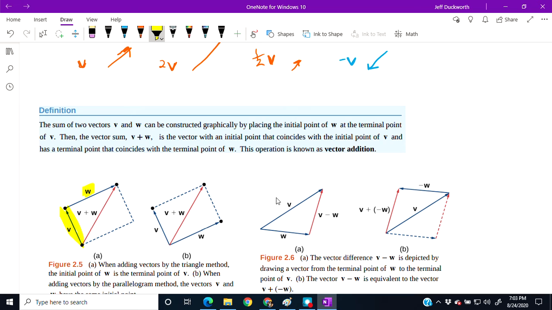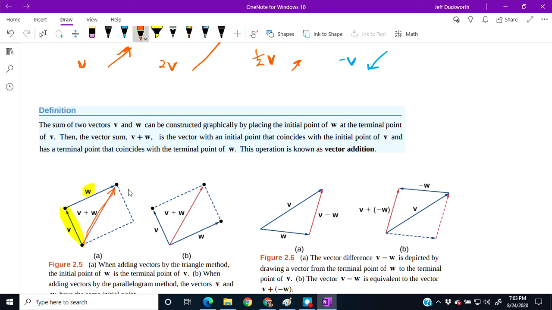Then the resulting vector is this reddish line here, going in that direction. So basically what you do is you're going to make some sort of square, parallelogram, that sort of thing, rectangle, and you're going to get the hypotenuse if you're adding the vectors.